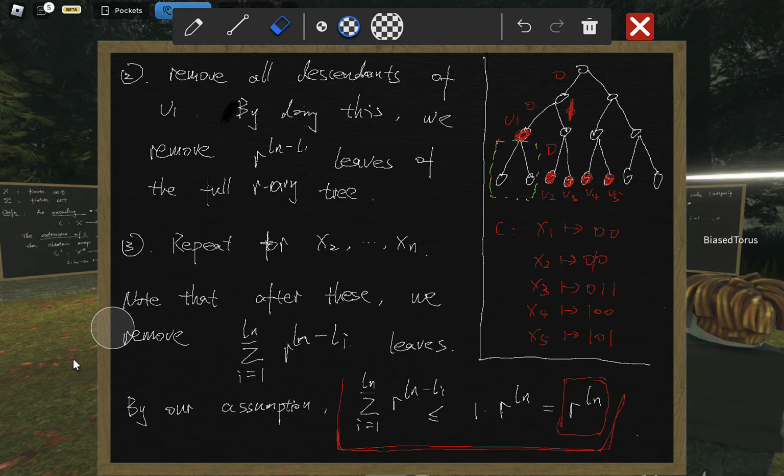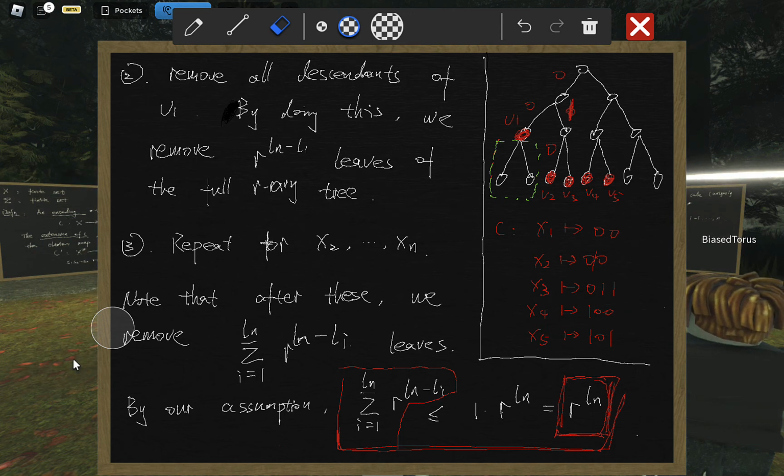And this is the number of leaves we removed. And this is the total leaves we have. Yeah, okay. And our assumption guarantees that we have enough leaves, so the number of leaves we remove is always smaller than the number of leaves we have.